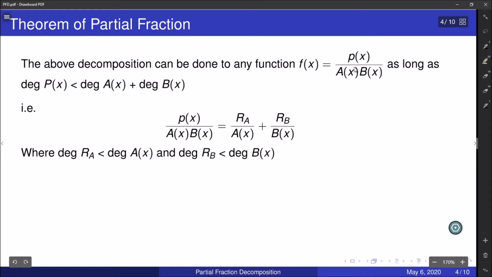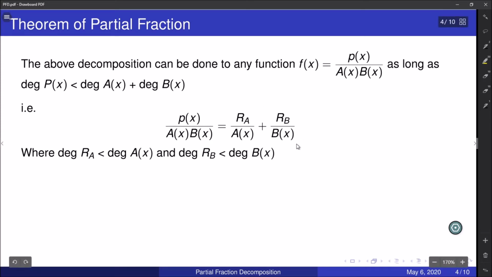If we have a function that can be expressed as a rational function, where you have a polynomial over the product of two polynomials, given that the polynomial in the numerator has lower degree than the product of the two polynomials, then you can always break it down into something over the first factor of the denominator plus something over the second factor of the denominator, as long as the degree of the numerator is always lower than the degree of the denominators.